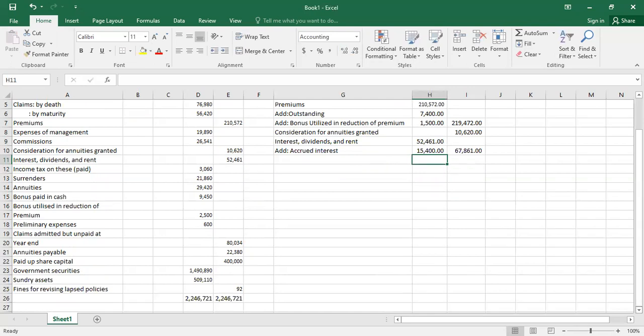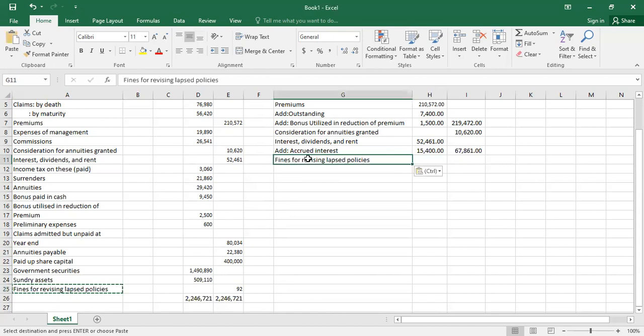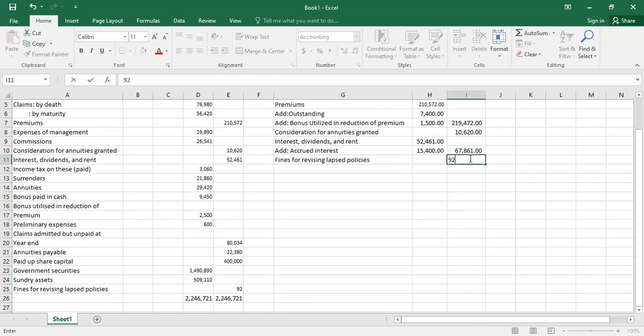So I have the fines for reviving the lapsed policies, and this is 92, right? So those are the items.